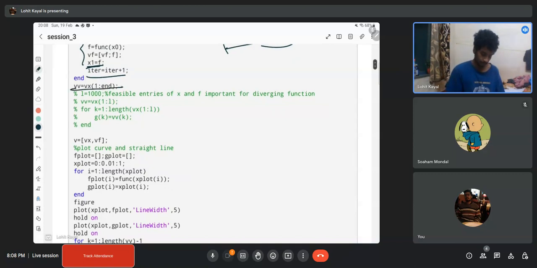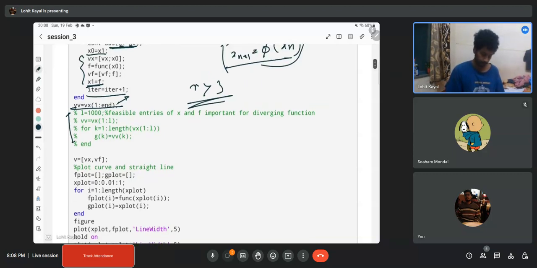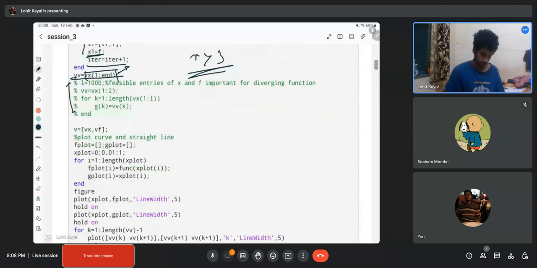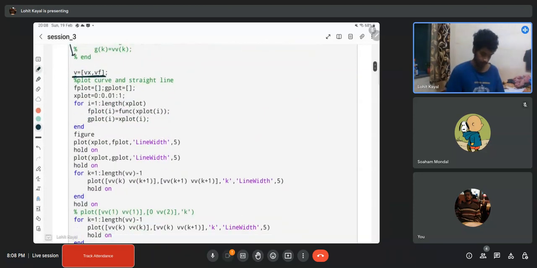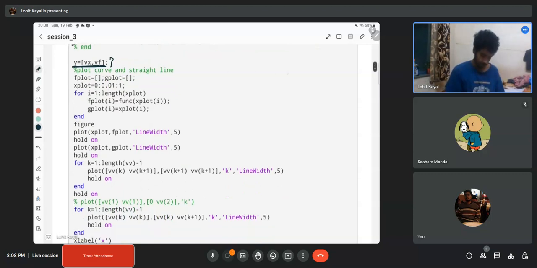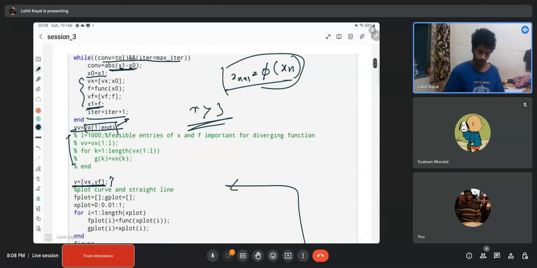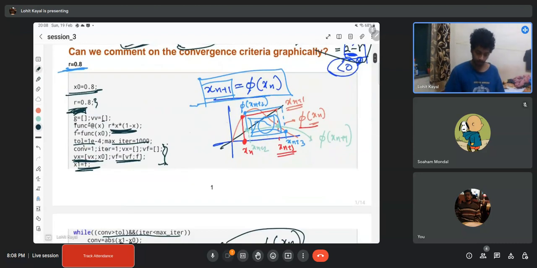And this is the value of vv. I am defining another vector, which will be required when r is greater than 3. Here I am storing the x values, and this is the matrix of Vx and Vf. And these are the plotting things. Just remember that what I have to plot are the functions.